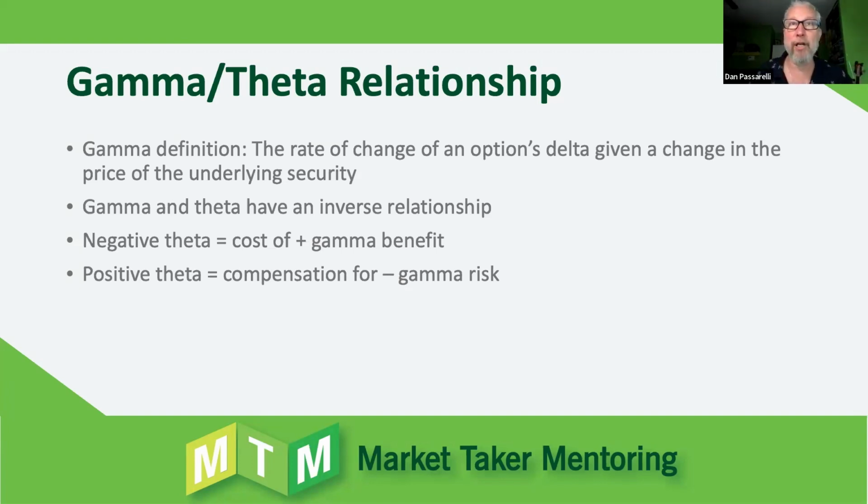Now, if you're good at managing your risk, hopefully that's more like small winner, small winner, small loser, small winner, small winner, big loser. You can't avoid them. They're going to happen sometimes, but why do we accept that disproportionate risk? Because we get positive theta.